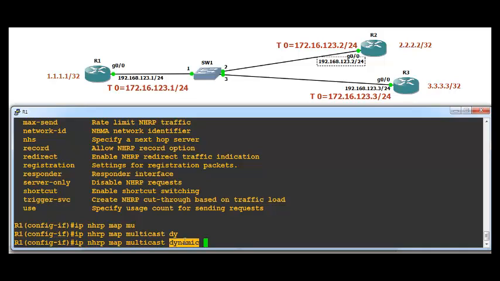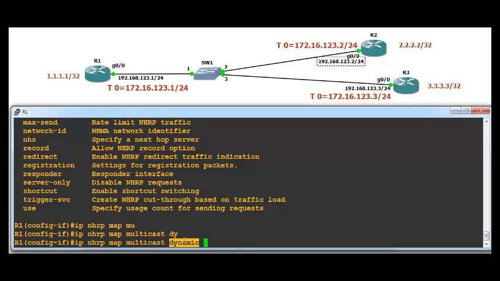So this is not actually, I think I said it wrong in the beginning. This is not going to be used for tunnel registration. This is going to be used by the routing protocols to register. R2 and R3 running EIGRP send hello packets. They send hello packets as what? They send hello packets as multicast.